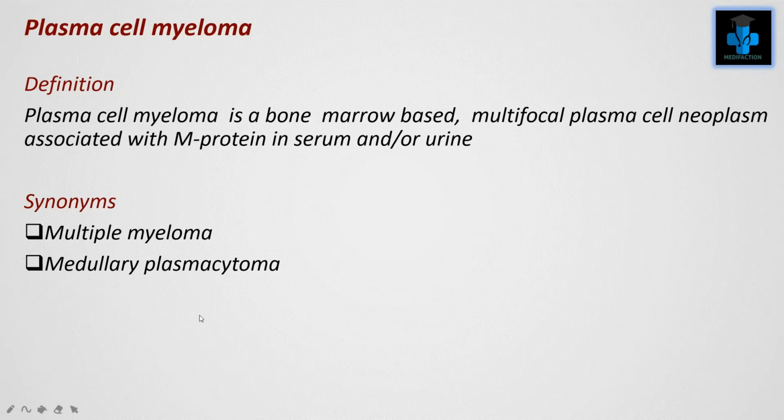Plasma cell myeloma. So plasma cell myeloma is a bone marrow based multifocal plasma cell neoplasm associated with M protein in serum or urine. These are also known by other names such as multiple myeloma and also medullary plasmacytoma.